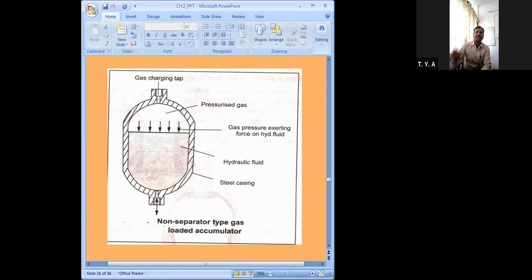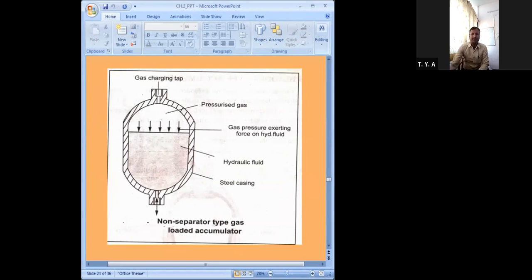The gas pressure exerts force on the hydraulic fluid. Here the gas has direct contact with the oil or hydraulic fluid, so this type of accumulator is called a non-separator type gas loaded accumulator.